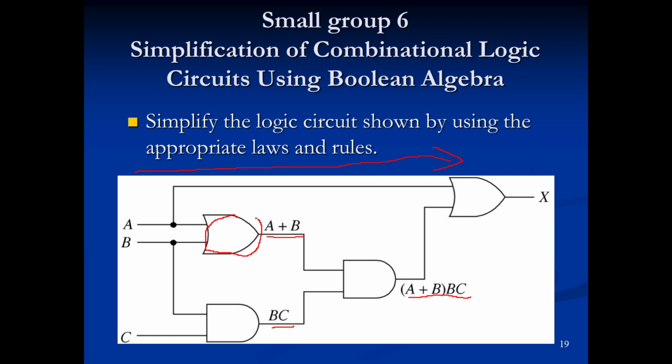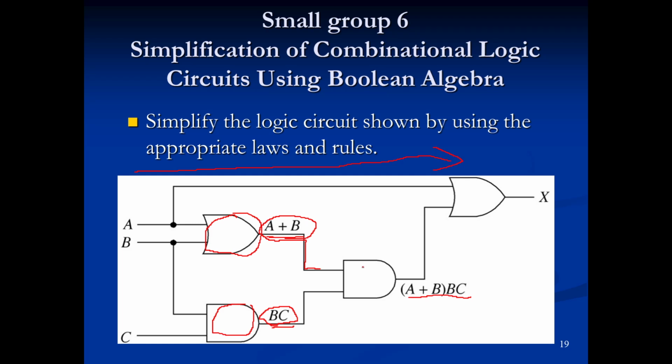So for this first OR gate here, the inputs are A and B, so the result is A or B. And I think it's a good habit to write that down on each of these nodes. So when you figure out the output of a gate, write it down on that node that it's on, which is this wire here. For this second gate, the inputs are just B, and then that's ANDed with C, so our result would be B and C. Write that down on the gate here.